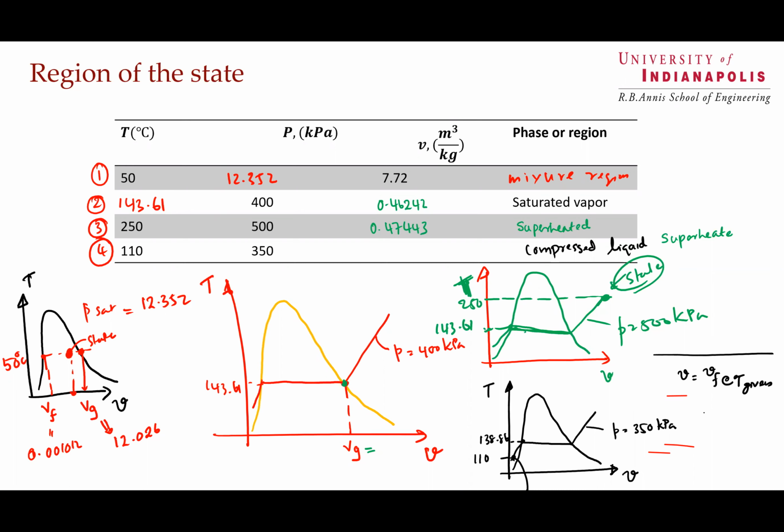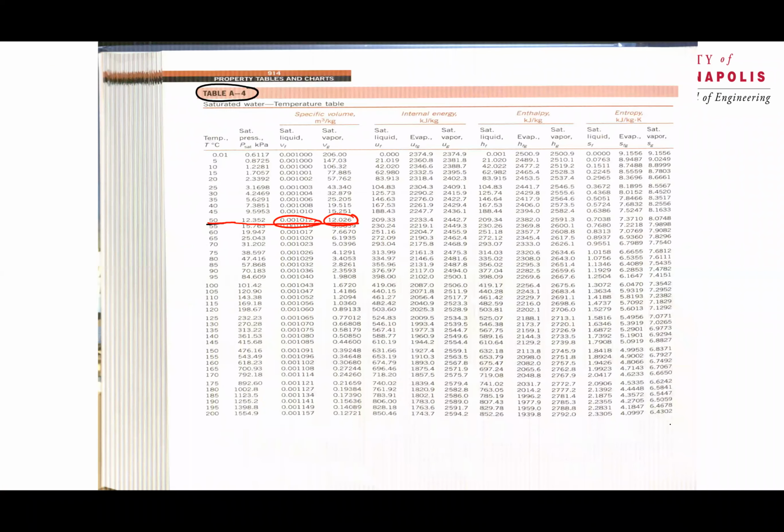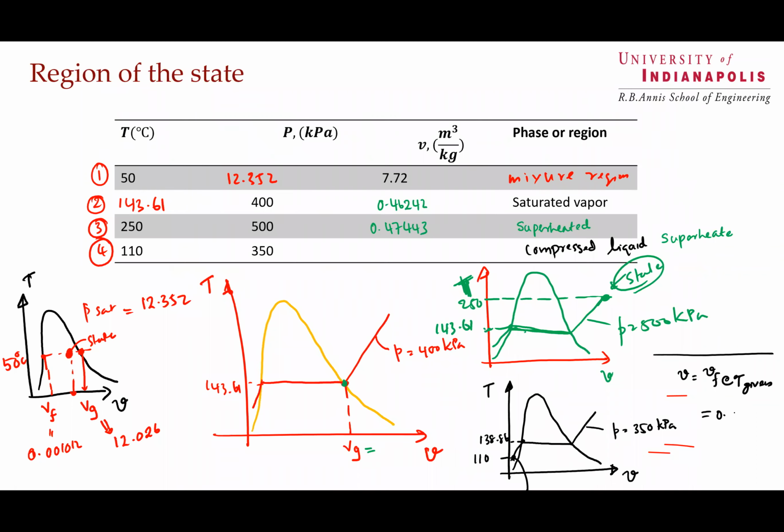We can assume that. T given is 110. So you go back to the temperature table. At 110, P is 143.38, and Vf is 0.001052. So you can fill that out, 0.001052.